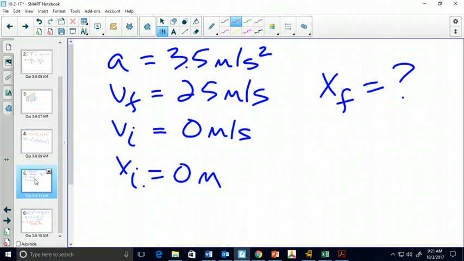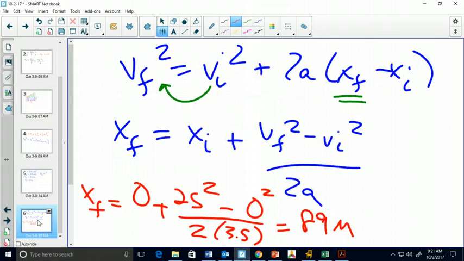Any questions there? Can you go over one more time how you got that second equation? This was what we started with, right? We picked this equation because there was no time.